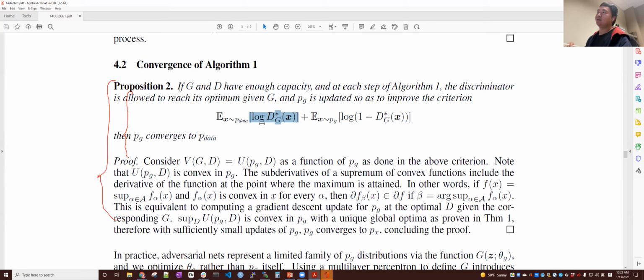If x is real data, D of x would equal 1, and if x is fake, the discriminator tells it's fake, so D of x would be 0, and 1 minus D of x would be 1.